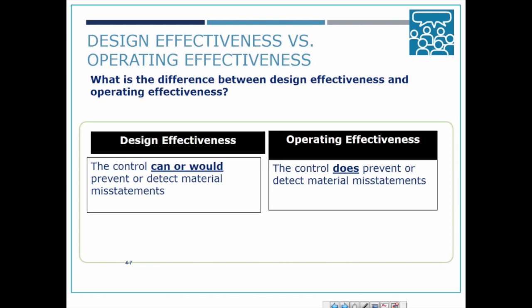They don't have the skill set to do it. So it's not that the design of the control is bad, it's the operation of the control that's problematic. So an auditor, when they test internal controls, is going to look at both the design effectiveness of the control as well as the operating effectiveness of that control.